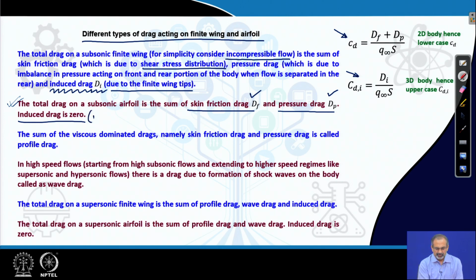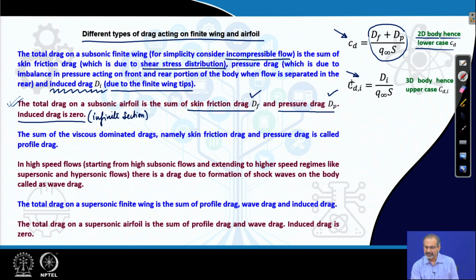It is just because it is an infinite section. So, in this case, if you look at the 2D aerodynamic characteristics, that would be represented by lowercase c d, and it is the sum of the skin friction drag and the pressure drag non-dimensionalized by the product q infinity s.